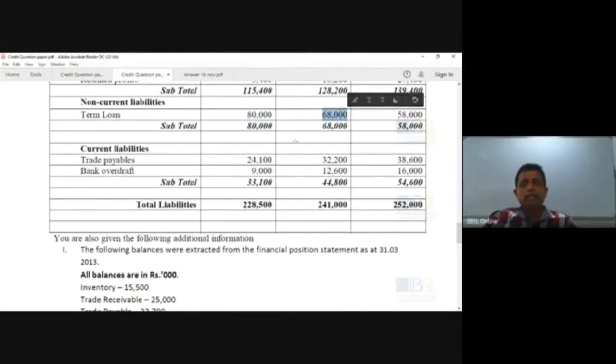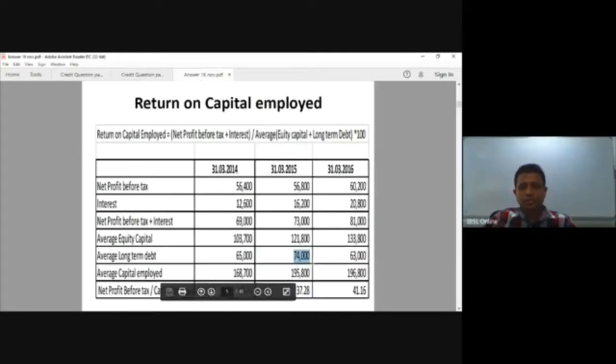Add those two items, that is 80 plus 68, that is 148. Divided by 2, 74,000. Here, 74,000.